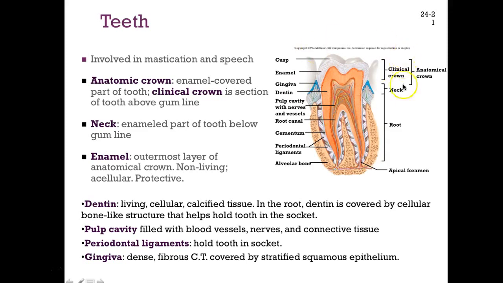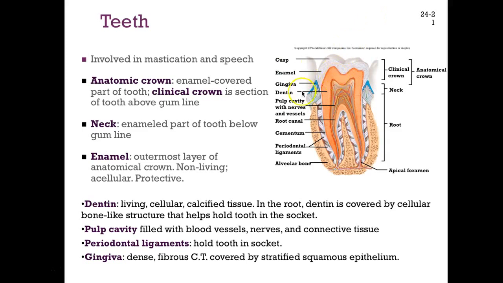Below that, you may be wondering, what is this orange portion in here? That is called your dentin, and this is living cellular calcified tissue. So you want to stop the cavity. If you start to see a cavity going through the enamel, you want to stop it from getting to this layer because it is live and has an important role in holding the tooth in the socket.